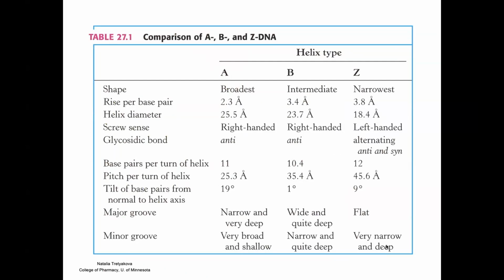When the spores form and it goes dormant, the DNA can revert to an A configuration in that dormant state. Okay, so it's pretty rare for double-stranded DNA to be in an A configuration.